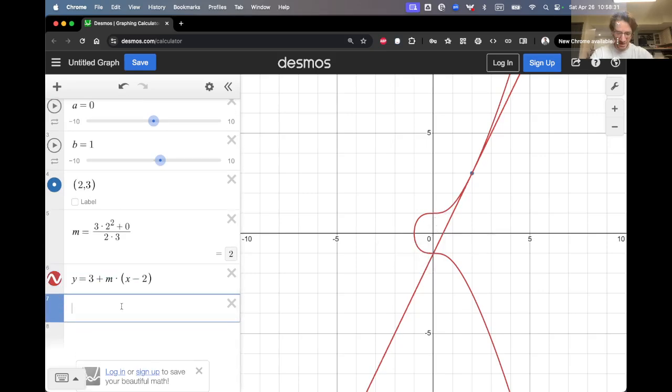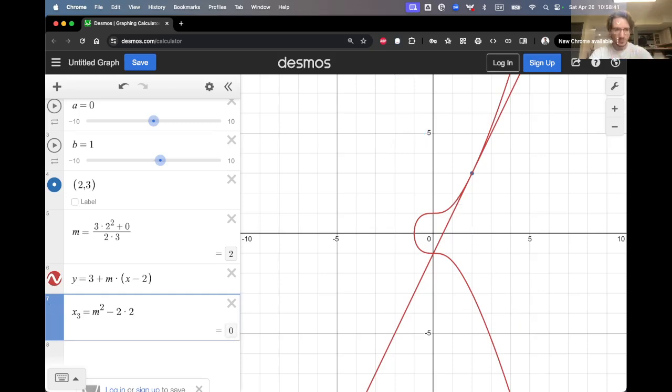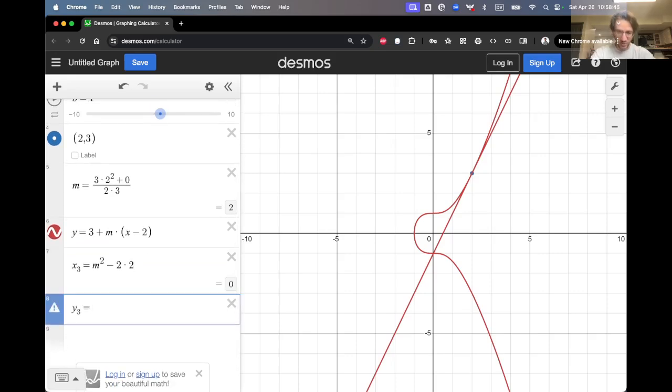Let's verify that. So x3 equals m squared minus 2 times x1. Well, x1, sorry, is 2. There we go, 0. So x3 is 0. y3 equals y1, which is 3, plus m times x3 minus x1, which is 2.